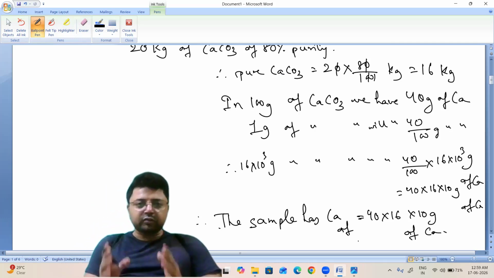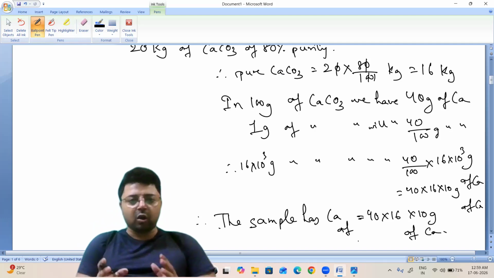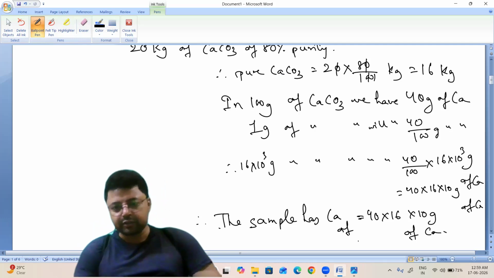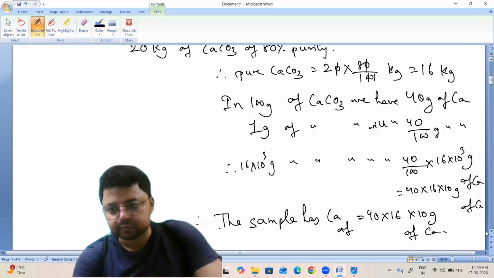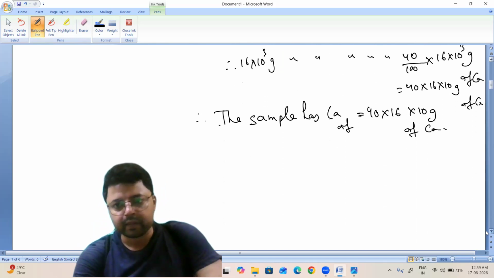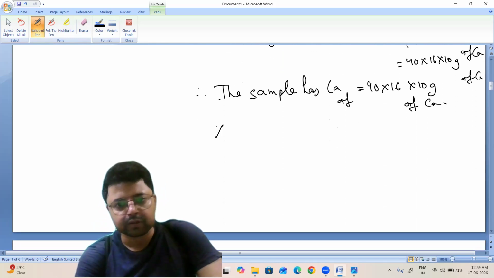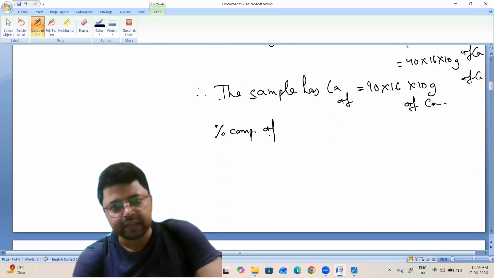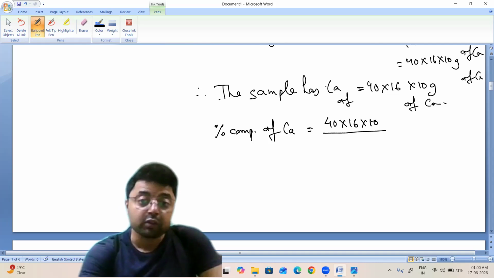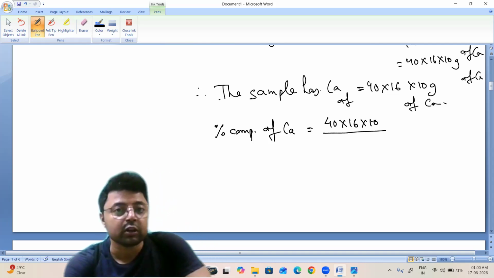Now, in the question, they have given you 20 kg of impure calcium carbonate. So when we are doing the percentage composition, the percentage composition of calcium will equal the weight of the calcium in the overall 20 kg.